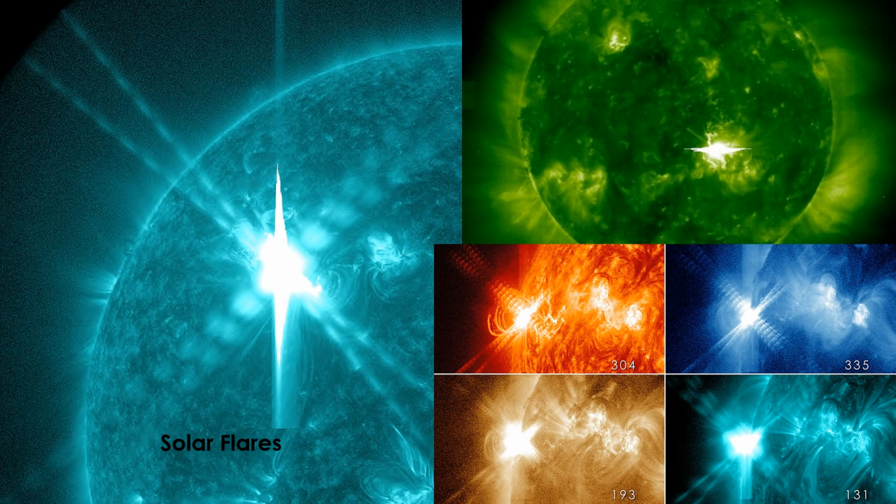The increased level of X-ray and extreme ultraviolet, also known as EUV, radiation results in ionization in the lower layers of the ionosphere on the sunlit side of the Earth, and this will cause radio interference or even blackouts.